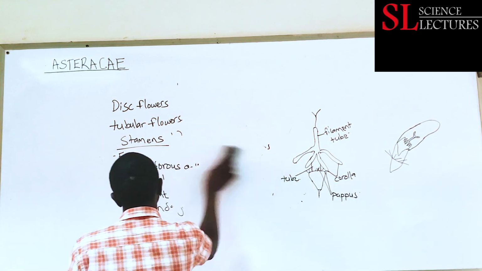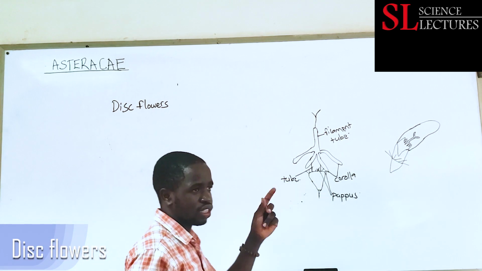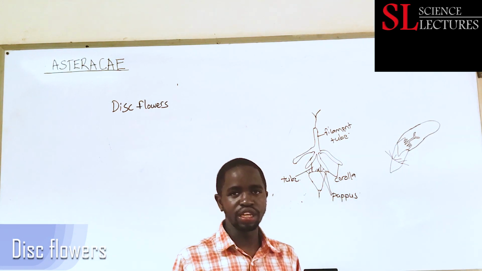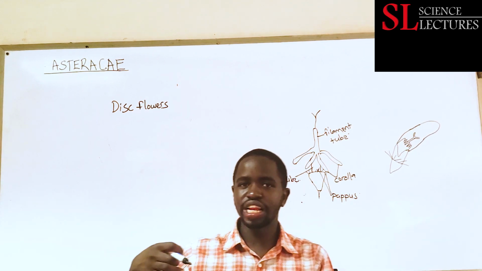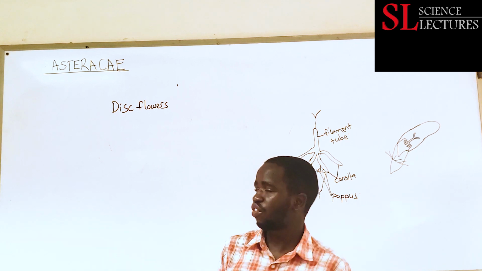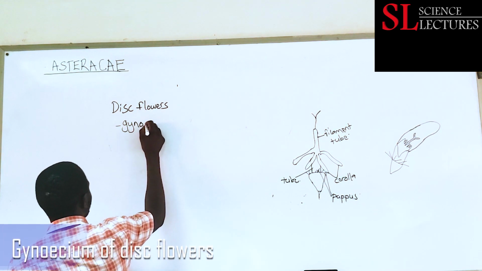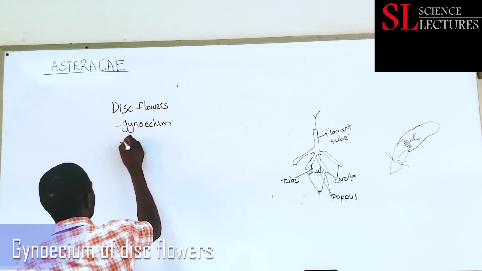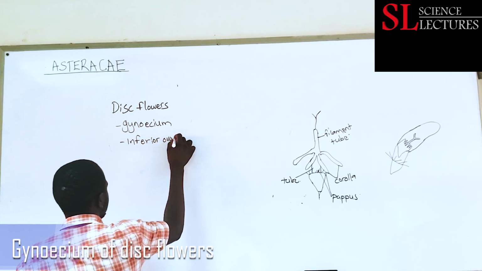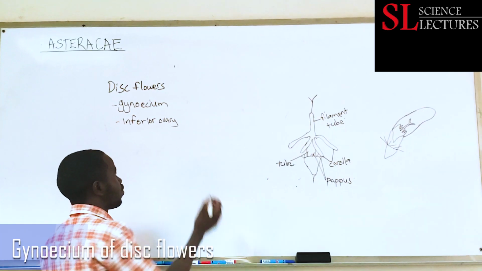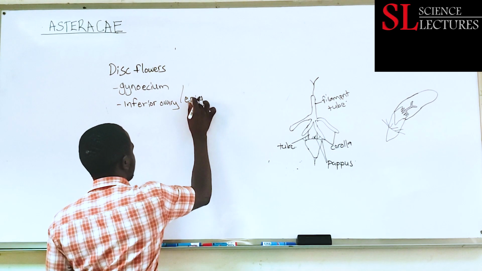I want us to look at the gynoecium of tubular flowers. But before I forget, these tubular flowers can either be bisexual or female. And the gynoecium, which is the female reproductive part of a flower, is made up of an inferior ovary, also called an epigynous ovary.